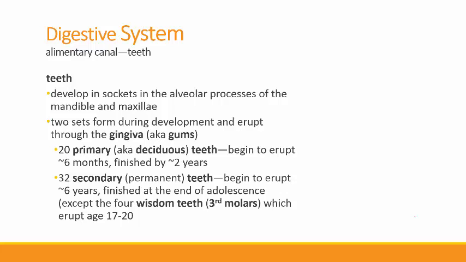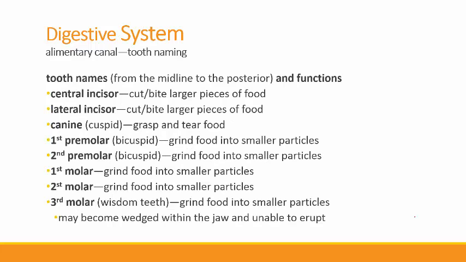They start coming through somewhere around 6 years of age, and they're usually finished as adolescence is finishing as well. The 4 wisdom teeth, though, they are the ones that take the longest to come through. They're the 3rd molars, and they erupt somewhere between ages 17 and 20. So that's the 3rd set of molars that come in.